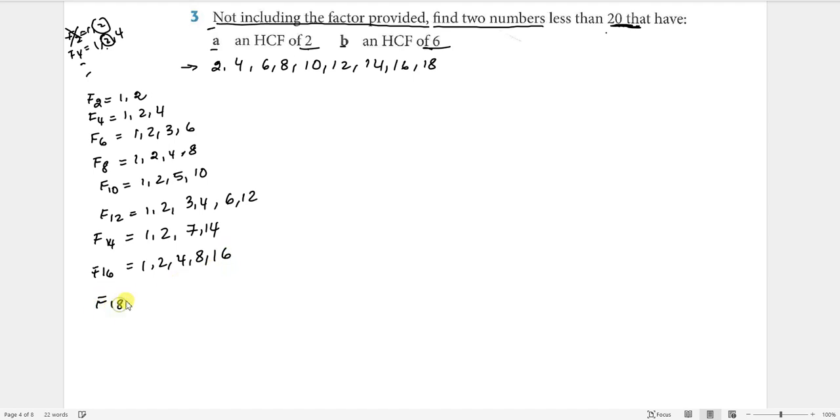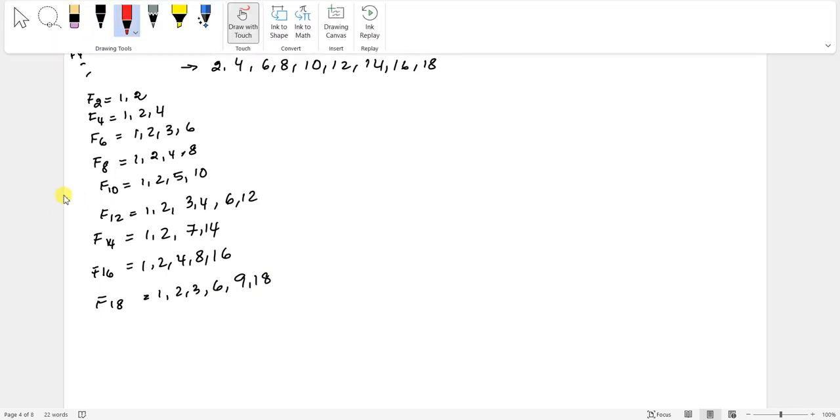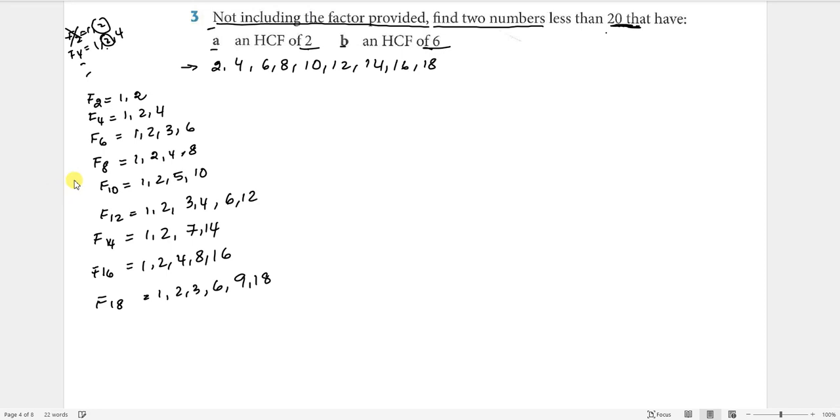F18: 1, 2, 3, 6, 9 and 18. Alright, so we have all the factors for the numbers less than 20.